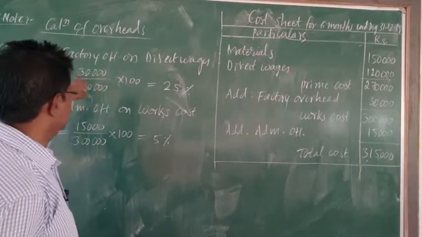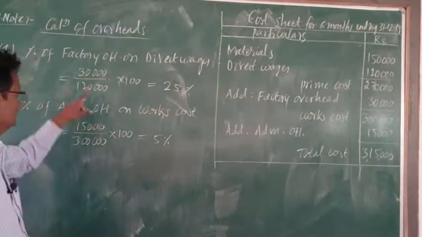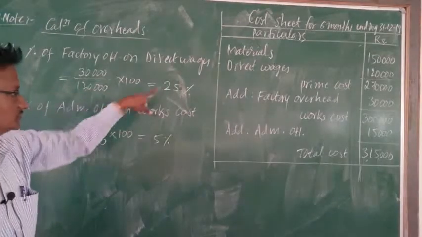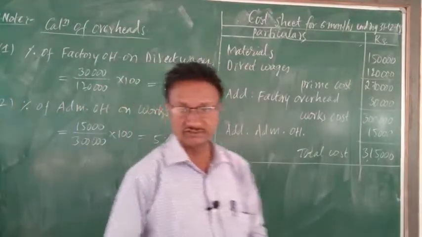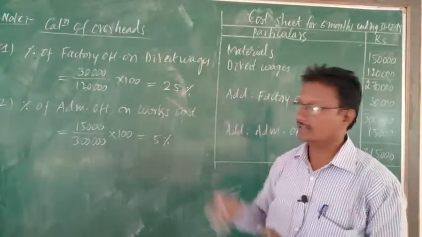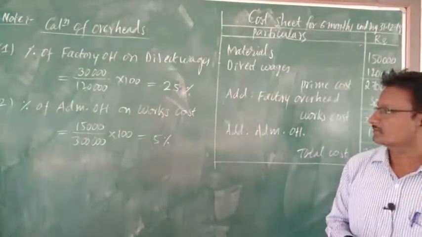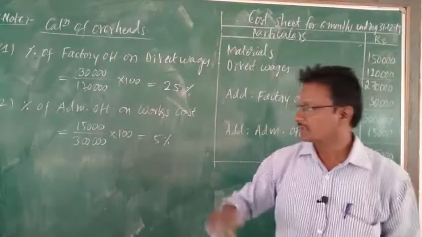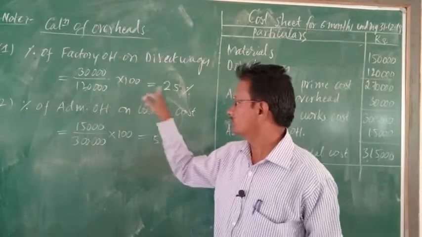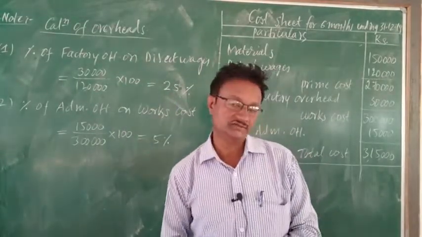For ascertaining percent, we multiply by 100, and the answer is 25%. So factory overhead is 25% on wages. 25% into 1,20,000 comes to rupees 30,000.